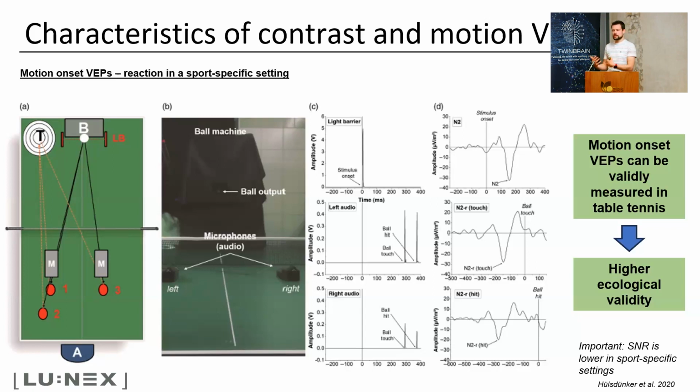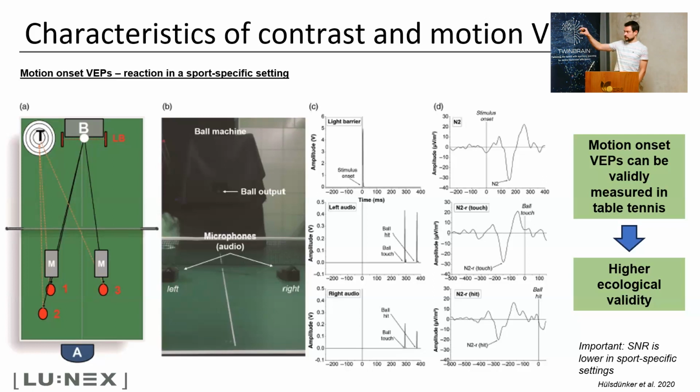So we said, all right, this type of cortical activity can also be measured in at least a more ecologically valid setting. If you're a table tennis player, you would still say it's different to play against a ball machine compared to a real human. I would fully agree, but maybe we are at least a bit closer to a real sport environment. So that seemed to be possible.